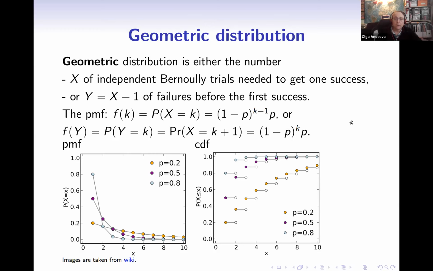But those are all finite distributions. And quite often we are interested in the infinite case and in smoother distributions, especially if we are dealing with large numbers, similar to what happened to uniform distributions when we increased the number of trials.